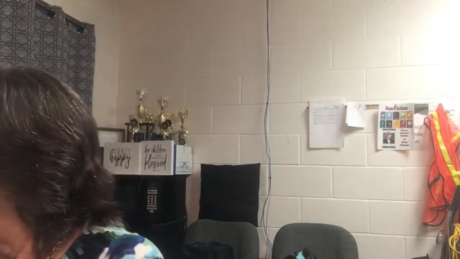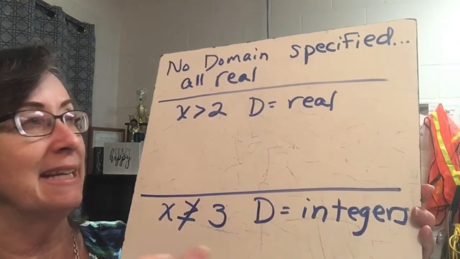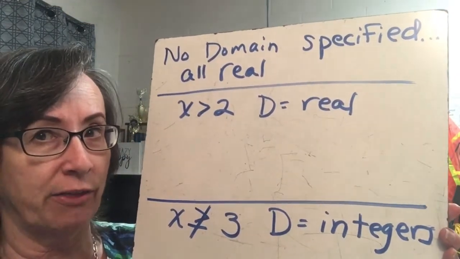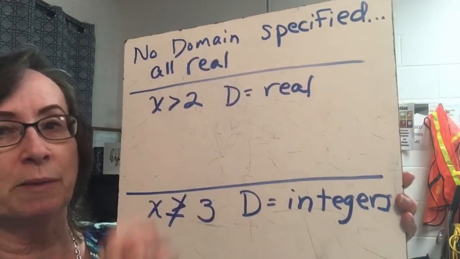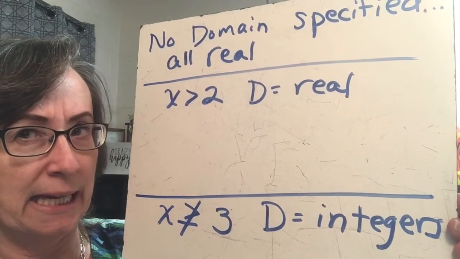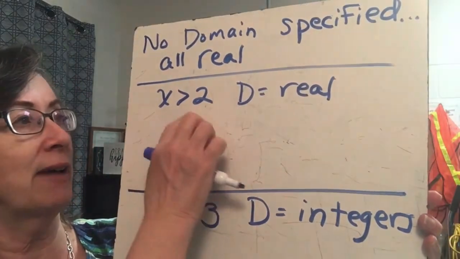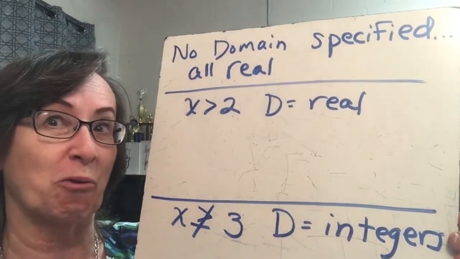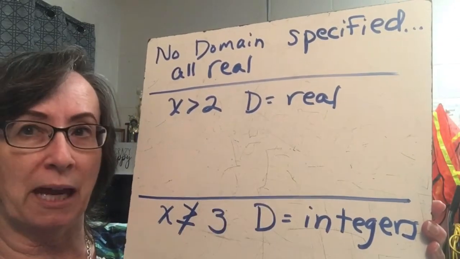Now we're going to talk about domain for a little bit. If the domain is not specified by the author in the book, then we assume the domain is all real numbers, in other words, x could be anything. Here we have x is greater than 2, and we graph it given that the domain is real.